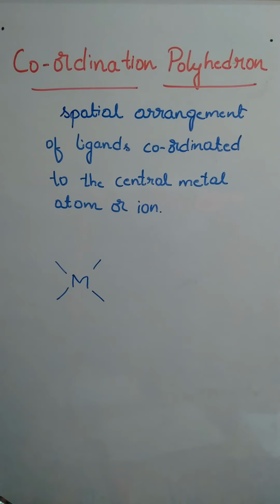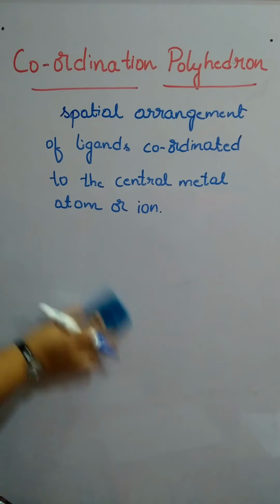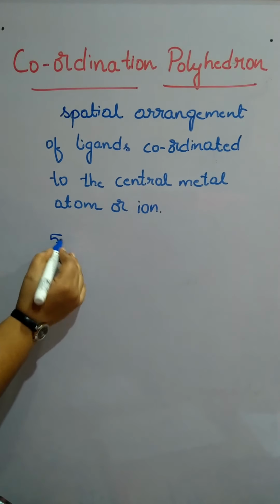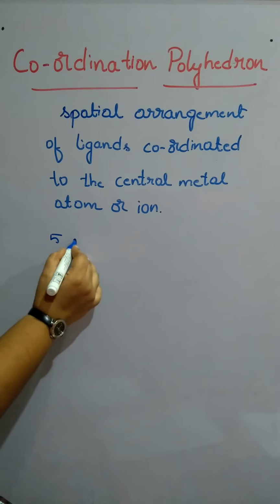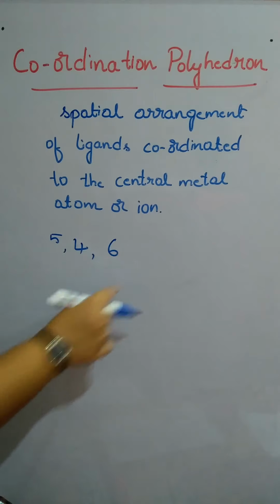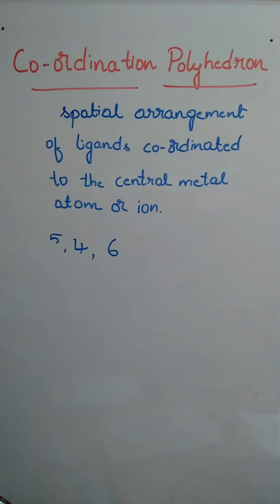We have seen many complexes until now. A few complexes have coordination number 5, a few have 4, and a few have 6. Each ligand is differently arranged around the central metal atom.